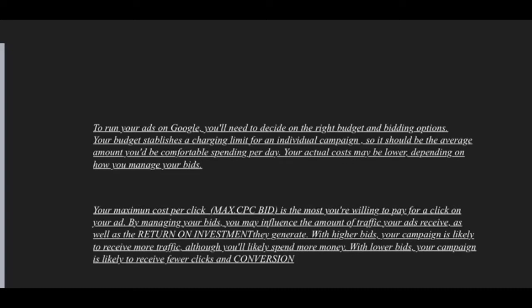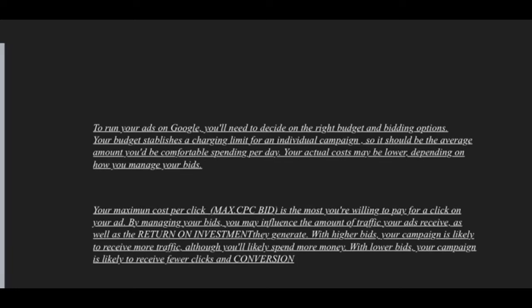Your maximum cost per click, max CPC bid, is the most you're willing to pay for a click on your ad. By managing your bids, you may influence the amount of traffic your ads receive, as well as the return on investment they generate. With higher bids, your campaign is likely to receive more traffic, although you'll likely spend more money. With lower bids, your campaign is likely to receive fewer clicks and conversions.